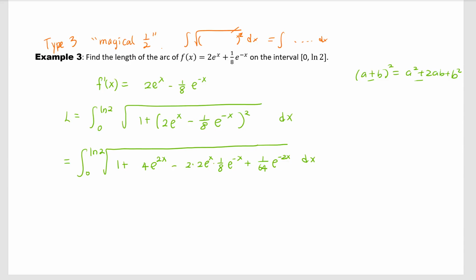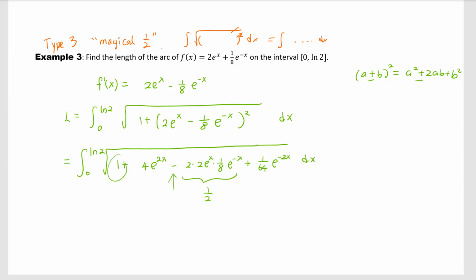Okay, now what happened? Do you see this term? 2, 2, and 8 is actually 1/2, and e to the x and e to the minus x cancel. So this guy is actually 1/2 because it's minus 1/2.